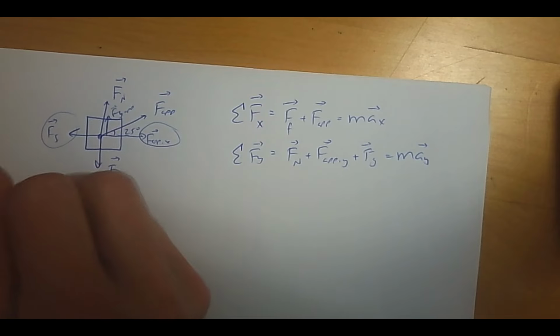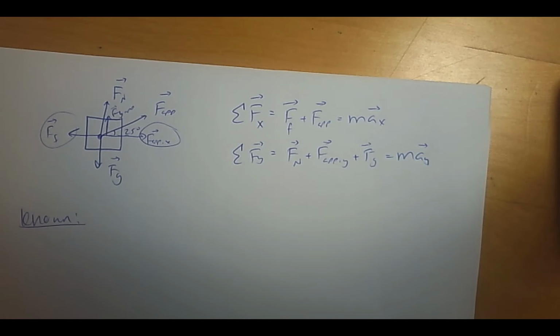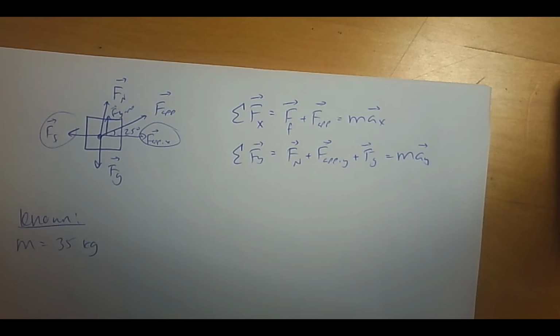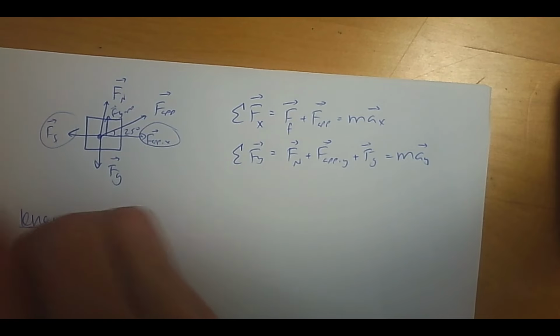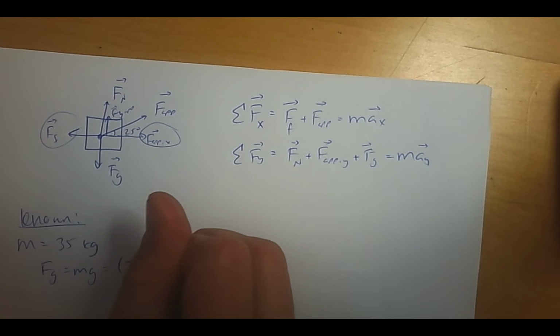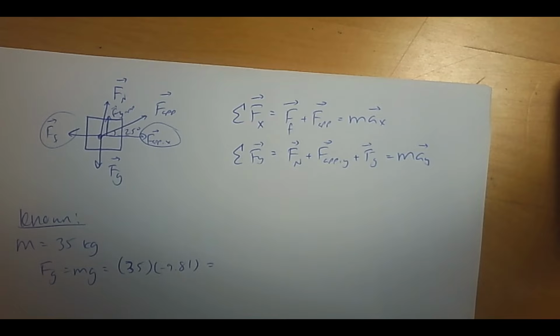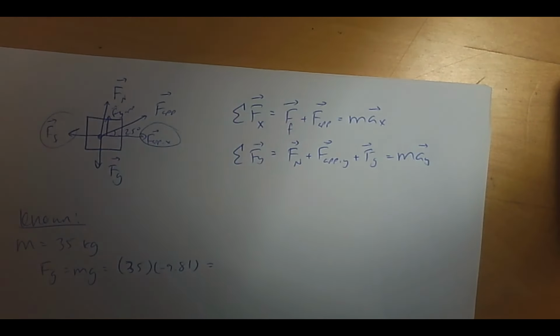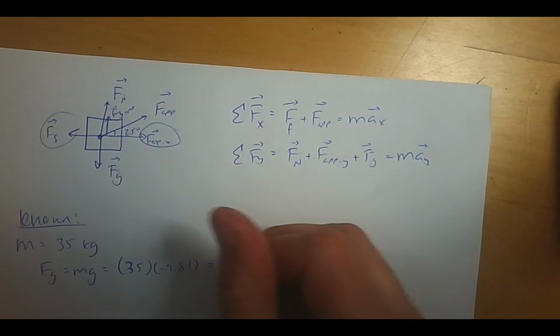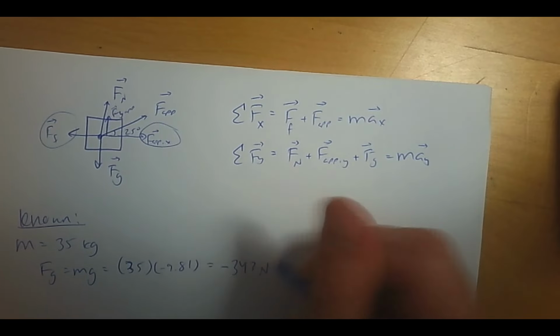Now, I'm going to list out my notes as well. So we have the mass is 35 kilograms, which actually means that the force gravity, which is mg, is going to be 35 times negative 9.81, which is negative 343 newtons.